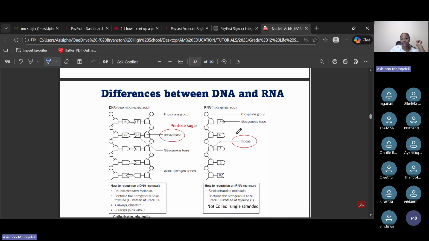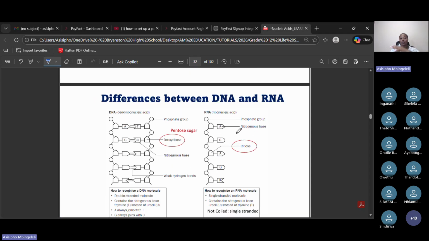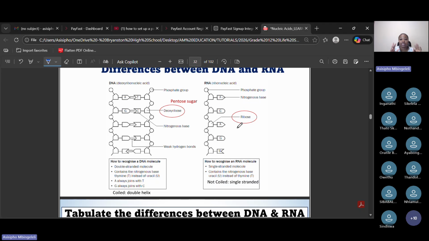Then we look at the differences between DNA and RNA. We've covered everything about DNA now, and then we covered everything about RNA. Now, we need to look at the differences, and they like asking this question. By just looking at the diagrams, I feel like me and you can answer without even reading the notes.